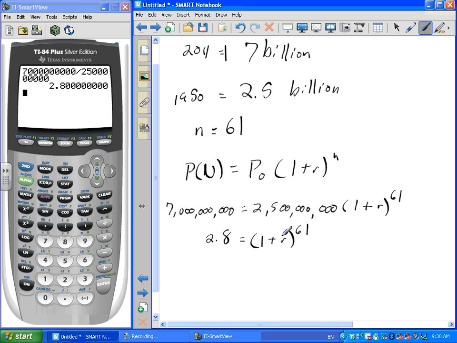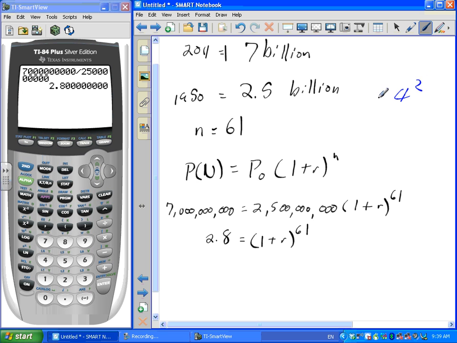Now, because this is in brackets, technically our next outside step is the power of 61. I need to get rid of that power of 61. Does anyone know what the opposite of the power of 61 is? We went over this in 7.4, radicals. What is the opposite of the square root? Squared. So if I had something squared, let's say 4 squared, how would I do the opposite?